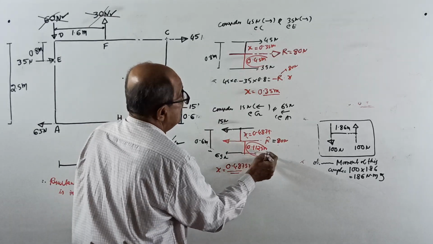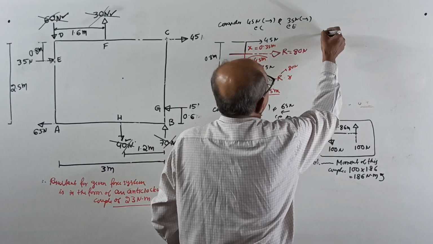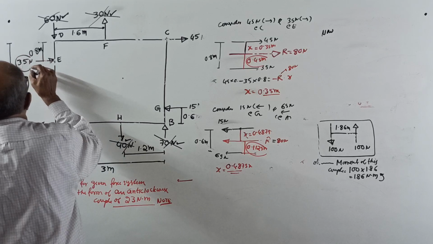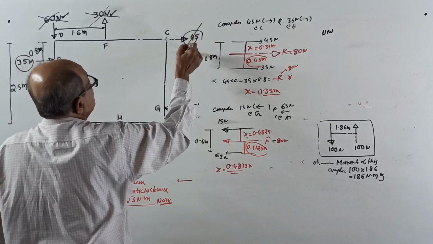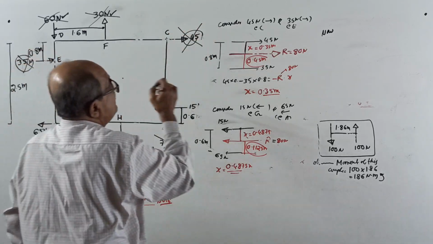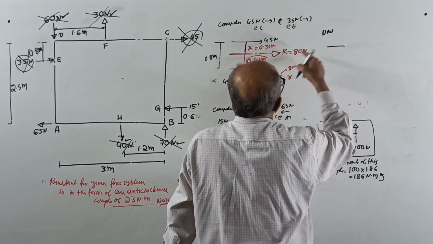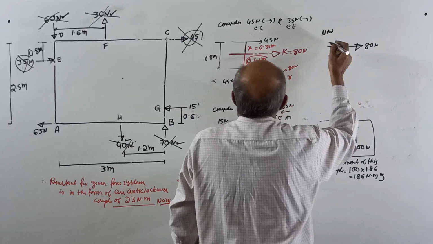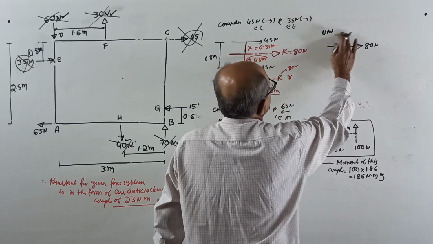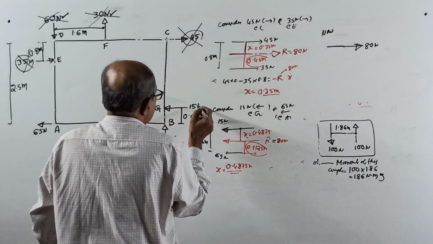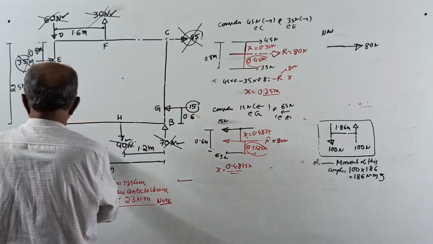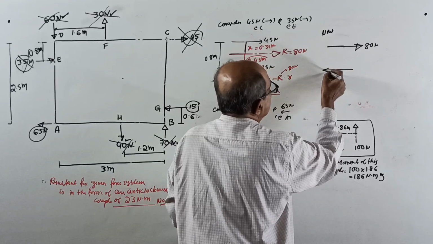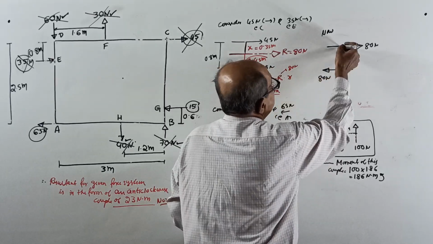Now see, you can remove this 35 Newton force and 45 Newton force, both you can remove. In that place, you can put a single force of 80 Newton. Then once again, this 15 Newton force and 65 Newton force you can replace by one more 80 Newton force here. This distance we want.